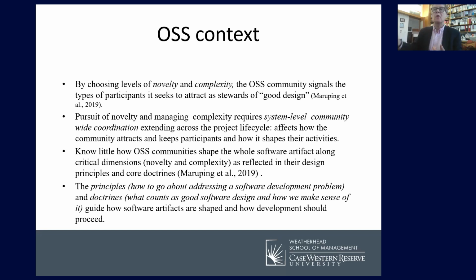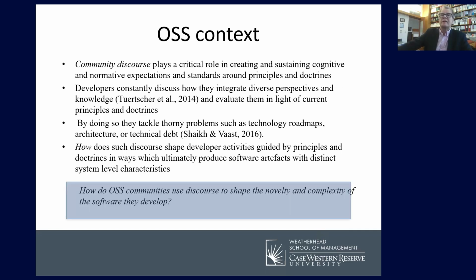So the principles, how to go about addressing software development problems, and doctrines, what counts as a good software design, and how you can make sense of it, typically guide in communities how these software artifacts are shaped and how development is expected to proceed. And also examples of both of these. These are really important notions to address that.